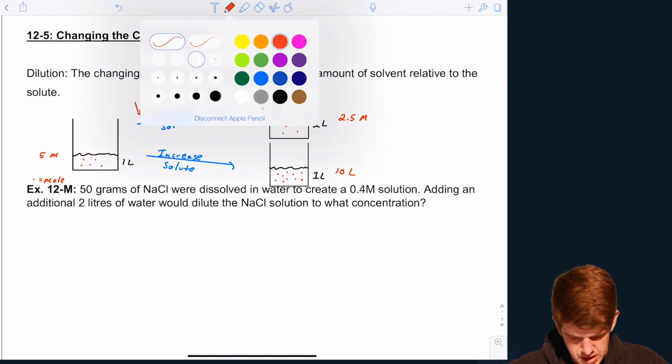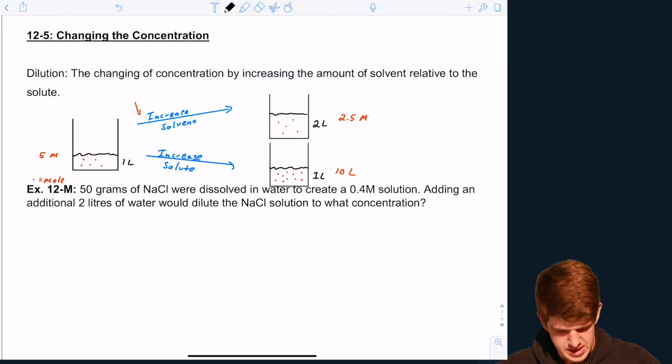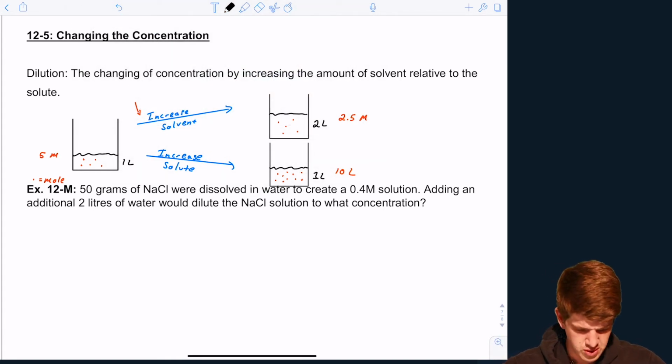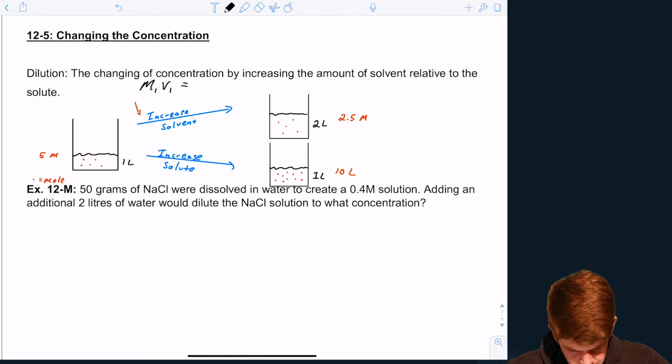The overall formula for this process of dilution, or changing the concentration, is M1 V1, the concentration times the original volume, equals the product of M2 and V2.